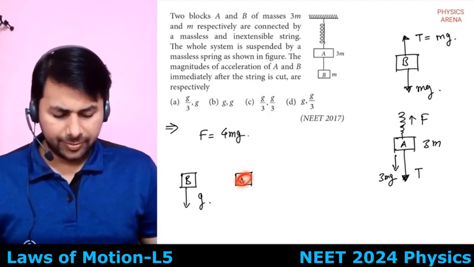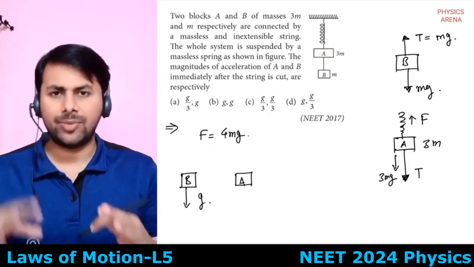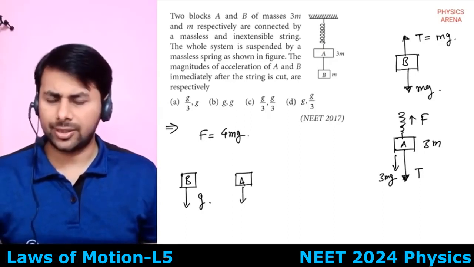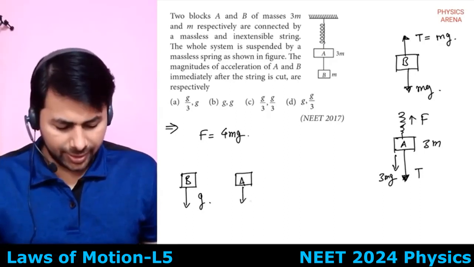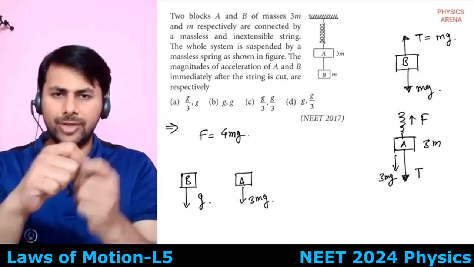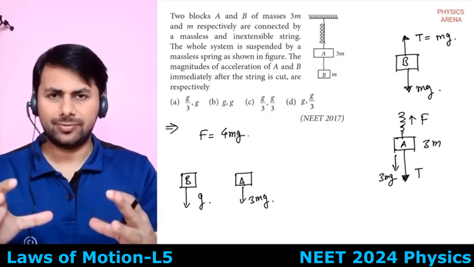But what about A? So as you have cut the string, there is only weight of A acting downwards. There is no tension, right? So it is 3 mg, and now the spring was stretched because of these two weights acting on it, right?